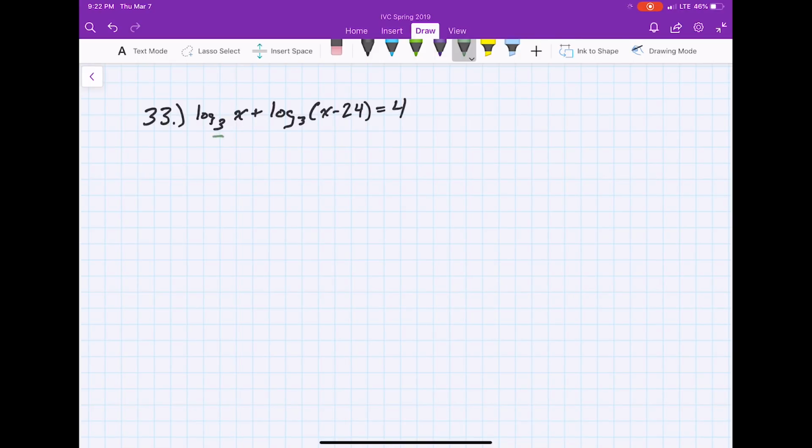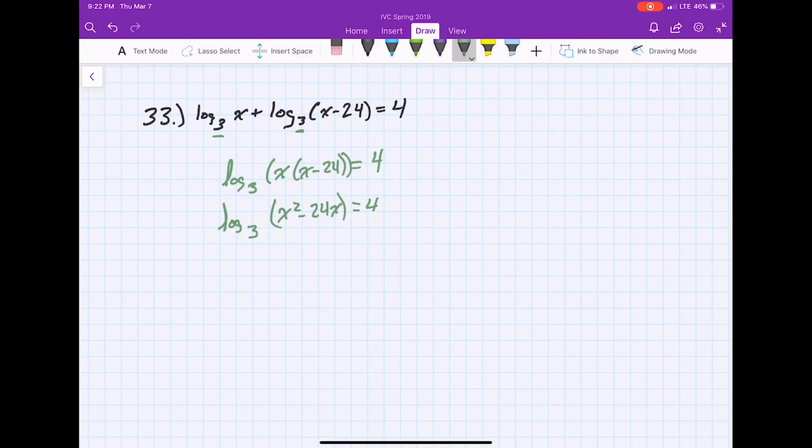Here we have the bases are the same on this side. But we want to condense this to log sub 3 of the quantity x times the quantity x minus 24, and all of that is equal to 4. Now I'll distribute first, so I have x squared minus 24x, log 3, and that all equals 4.